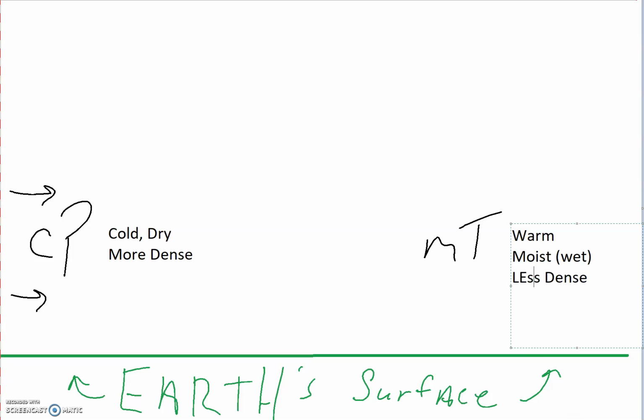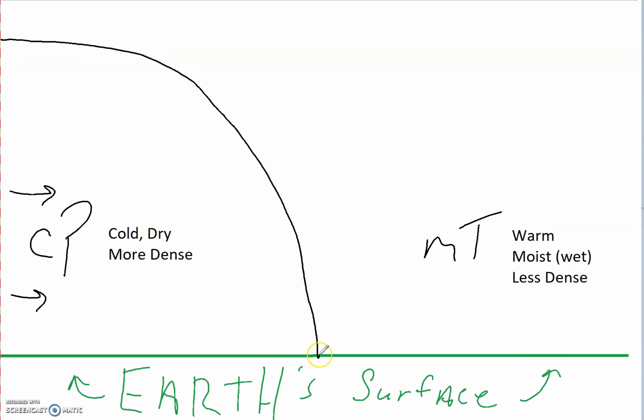So essentially, it would be more willing to be moved out of the way by this cold air. So what happens is, as this cold air enters, it forms this kind of a shape right here, okay? And it is heading in this direction, okay?